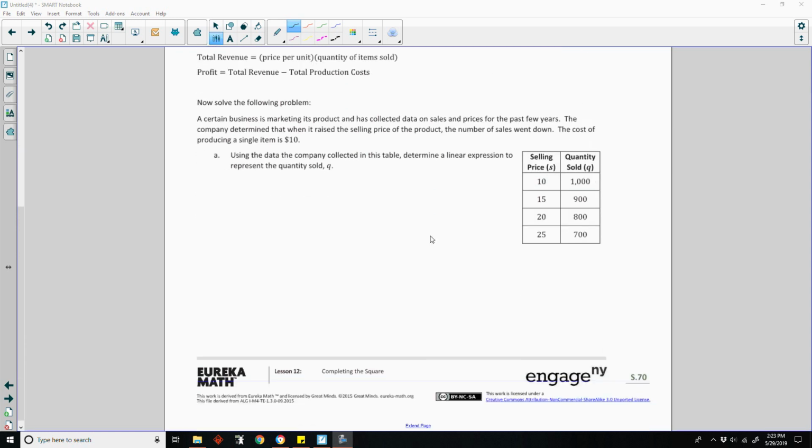A certain business is marketing its product and has collected data on sales and prices for the past few years. The company determined that when it raised the selling price of the product, the number of sales went down. People weren't willing to pay more for the product. The cost of producing a single item is $10.